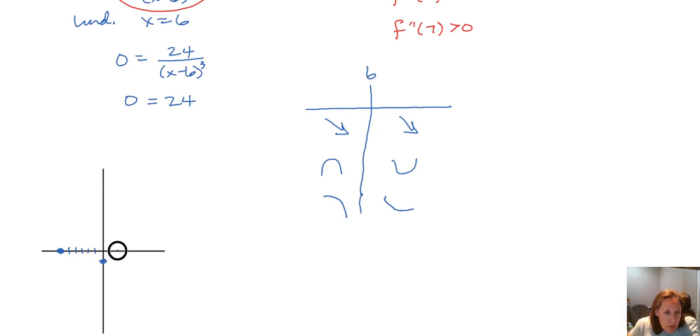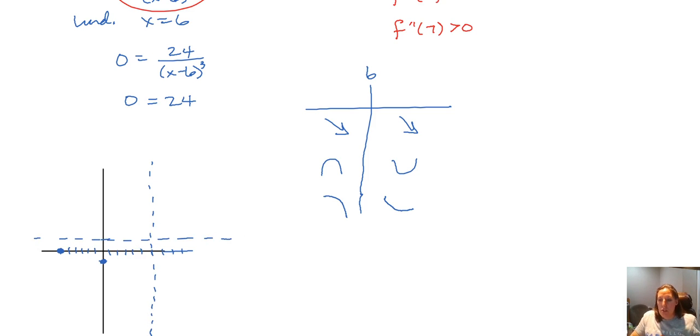So that vertical asymptote is going to be at 6, 3, 4, 5, 6. So I'm going to graph that with a dashed line going down. We have a horizontal asymptote at y equals 1.